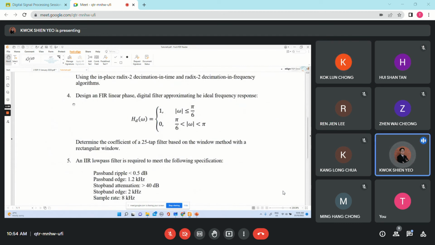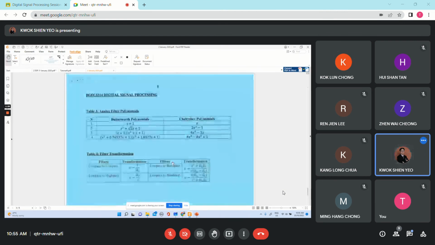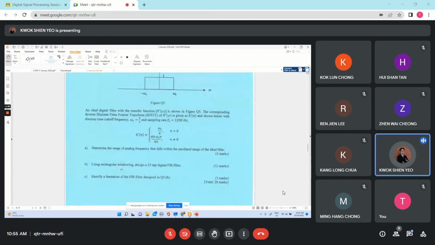The last question is the same as from here. You can see this 25 tap. Compare with the question: rectangular window, 25 tap, digital FIR.